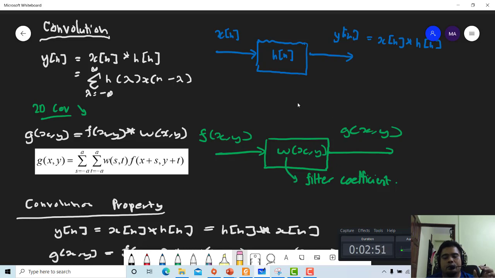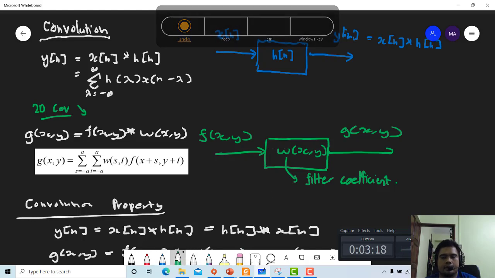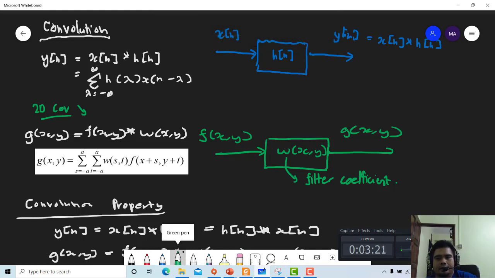Then you need to do a convolution between your input image and the w over there, where w is similar to your h[n] in the one-dimensional signal. It's a system function, in other words, also known as a filter. There are many names for this w.